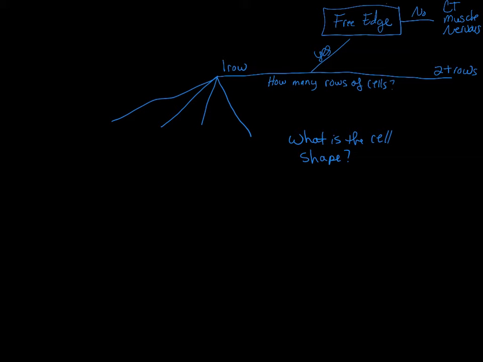Okay? Now, I know that if there's 1 row, it means that these are all types of simple epithelium. So at the ends of each one of these, I know I can write simple. All right? Now, if we're looking at cell shape, we had 3 basic shapes. We have squamous, we have cuboidal, and we have columnar. So, is the cell flat and thin?